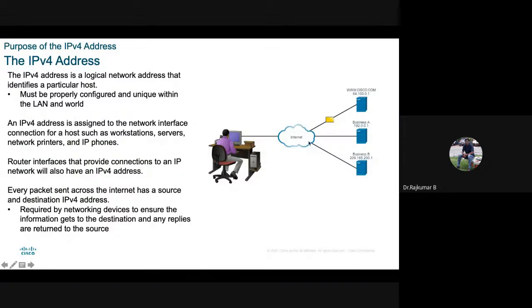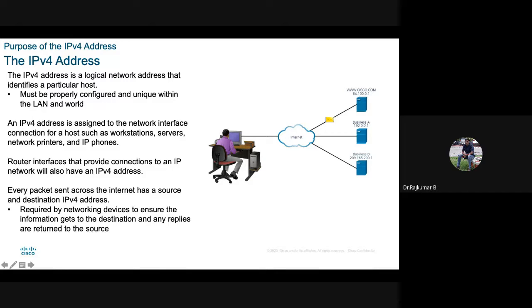The network interface card means every device will have a port. That port is sometimes called the network interface card, or NIC. Clear? These NICs are installed in every device. It may be your Ethernet NIC, it may be your Wi-Fi NIC.